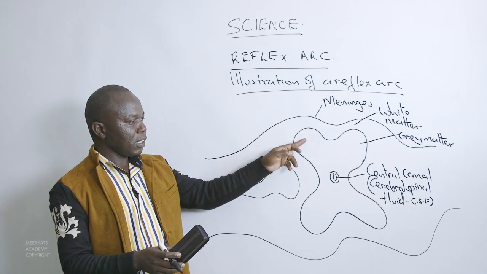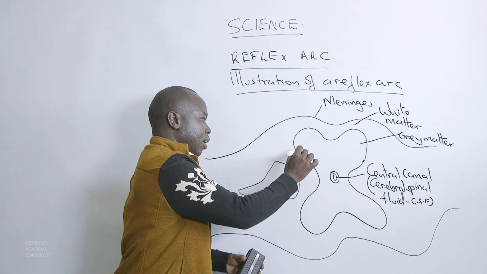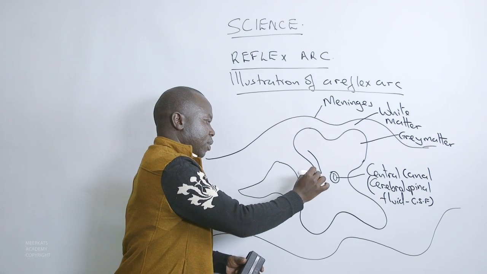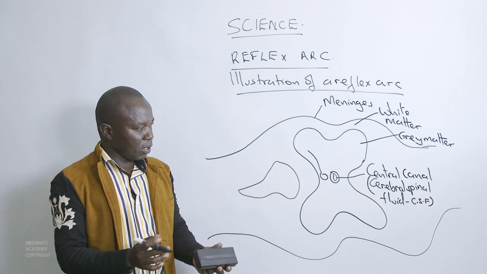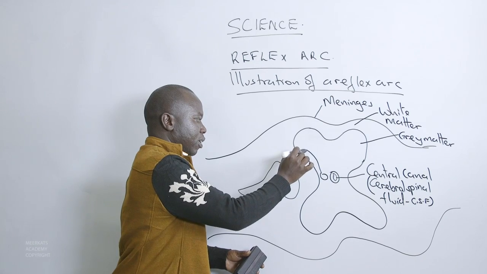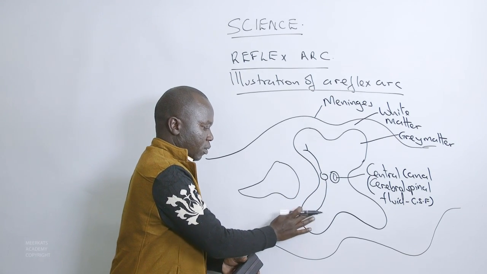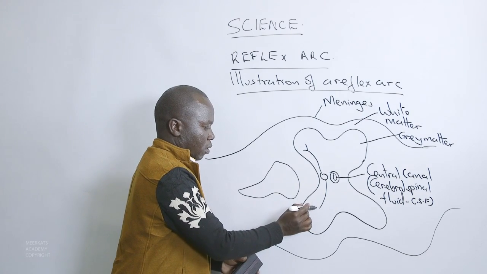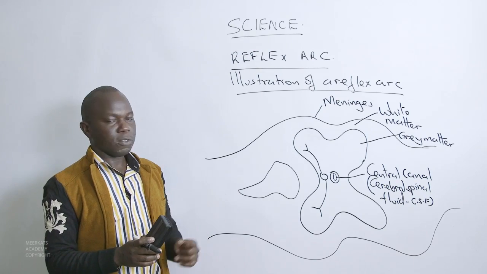But now, in this spinal cord, we have a neuron. You can remember that neuron whose body or entirely the structure is found in the central nervous system. So that is the neuron. Now you can give me the name of the neuron.